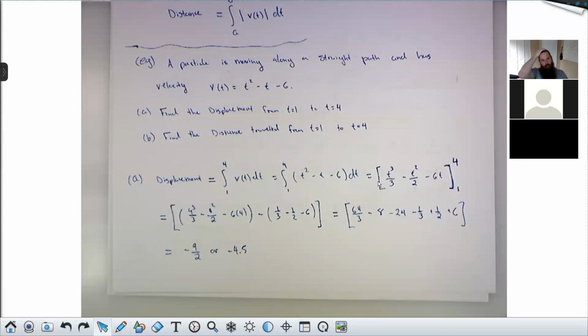Right? So if this velocity is like feet per second, then after we go from t equals 1 to t equals 4, we finished 4.5 feet behind where we started. That's what this means.